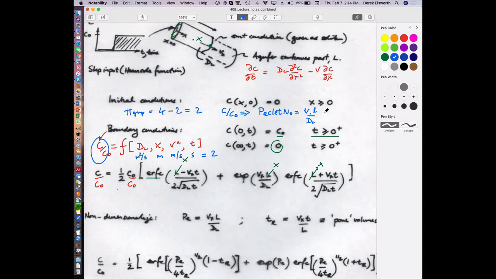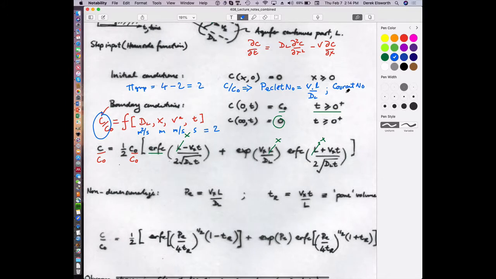And the other one is called a Courant number, which the book calls T sub r, which is advective velocity times time divided by length.